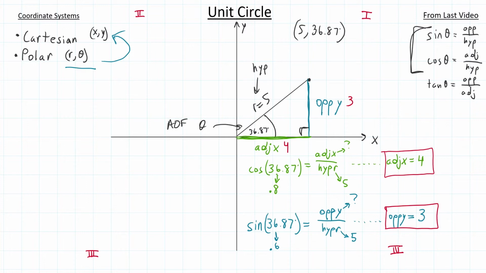So you can see how the cosine allows you to get our x-coordinate of that point, 4, and the sine, carrying that sine calculation out, allows you to get the y, the 3. And you can see from those grid lines that 4 and 3 are the correct Cartesian coordinates of this point.